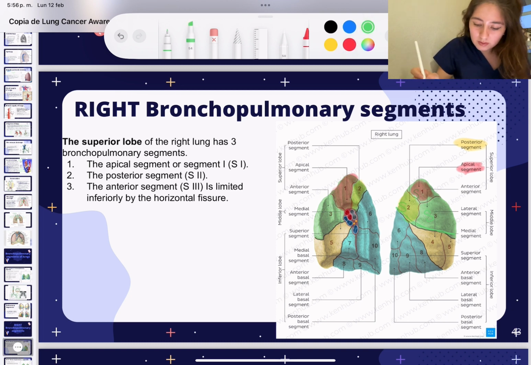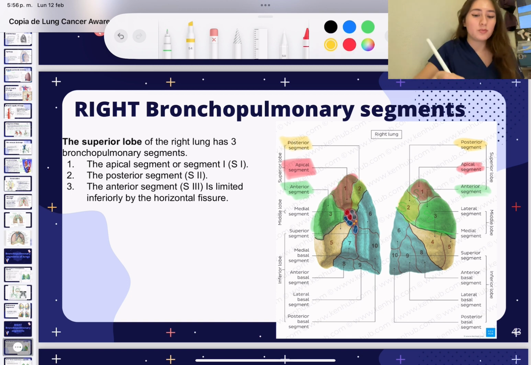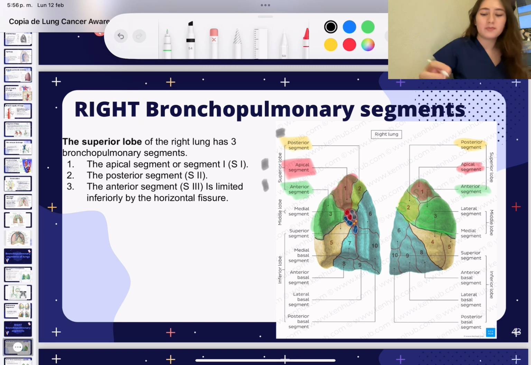We have also anterior segment, and this is just the superior lobe. 1, 2, 3.